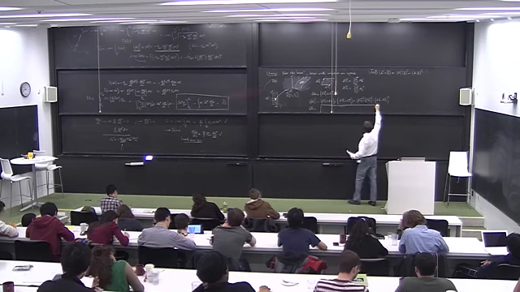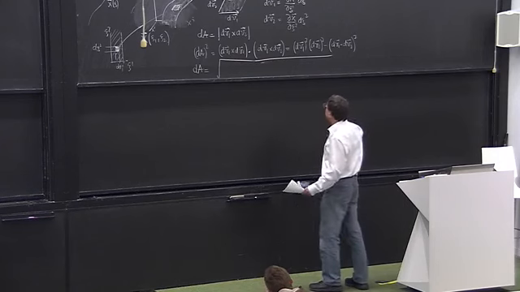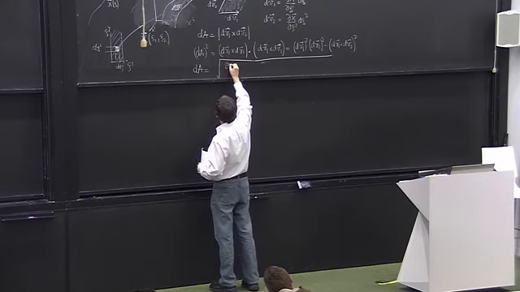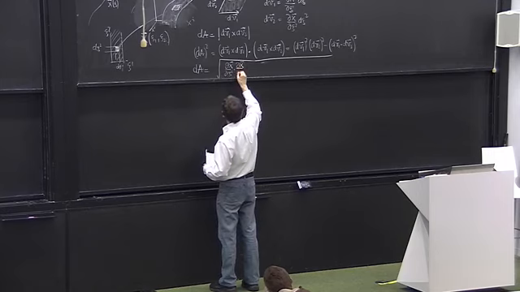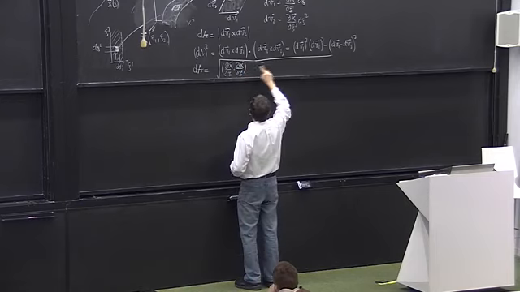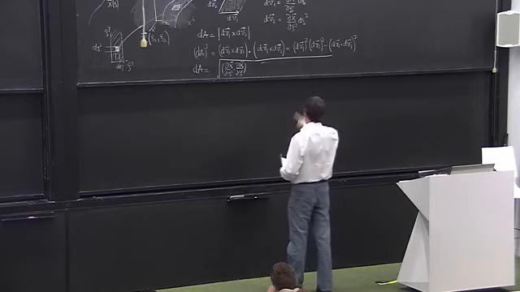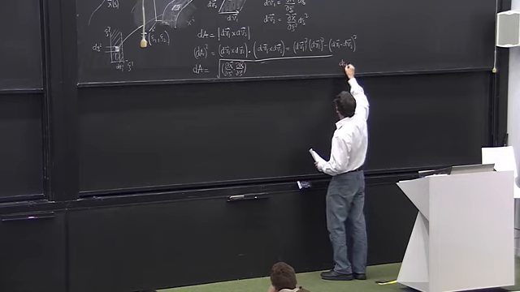And what is dv1 squared? It would be dx, d psi 1, dot dx, d psi 1, and now I have times d psi 1, d psi 1, and I will take that out of the square root, so you have a d psi 1.